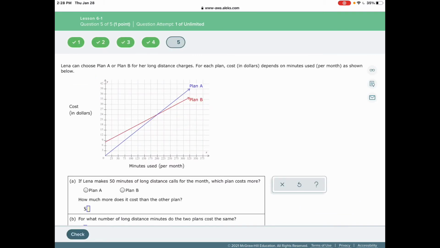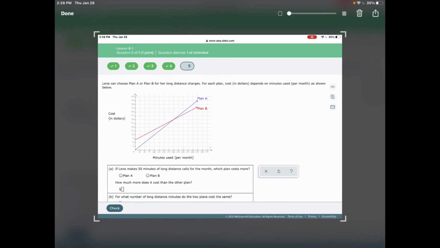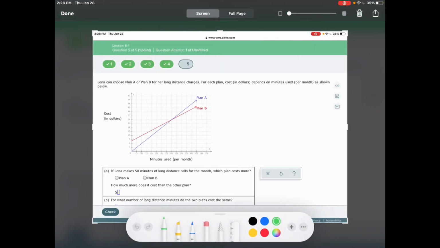And in number 5, it says, Lena can choose plan A or plan B for her long distance charges. For each plan, cost in dollars depends on minutes used per month as shown. So if Lena makes 50 minutes of long distance calls for the month, which plan costs more?